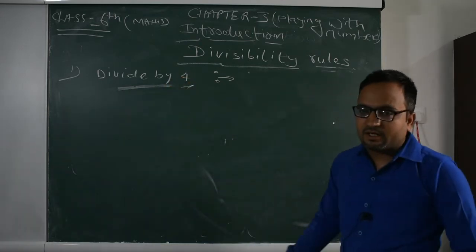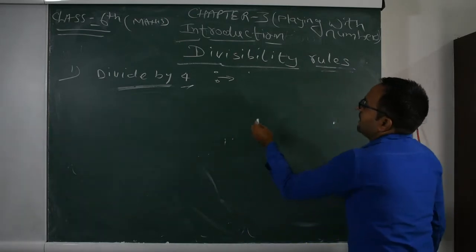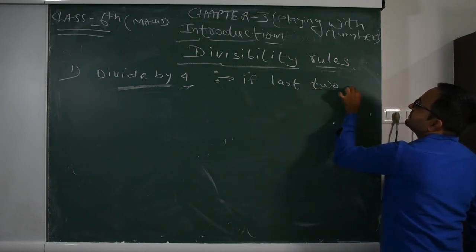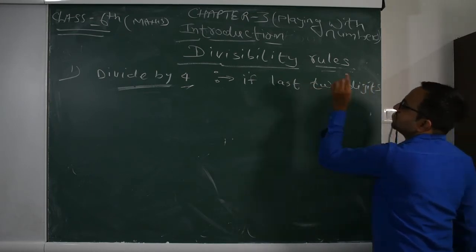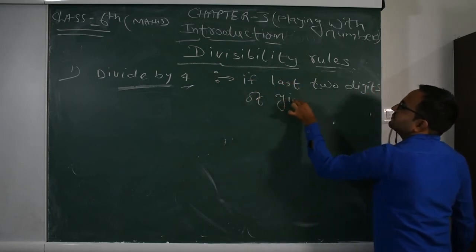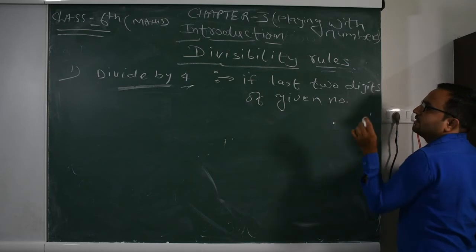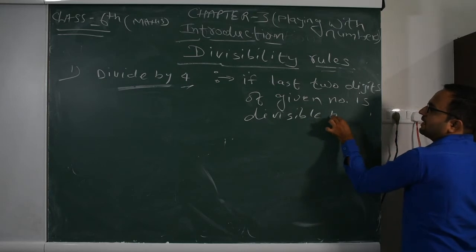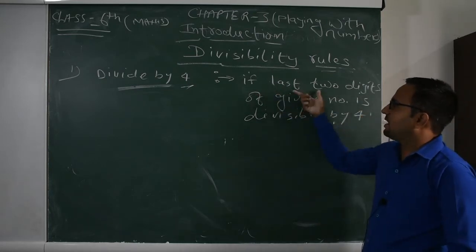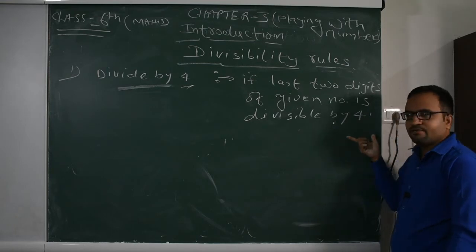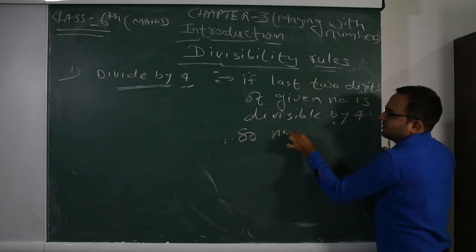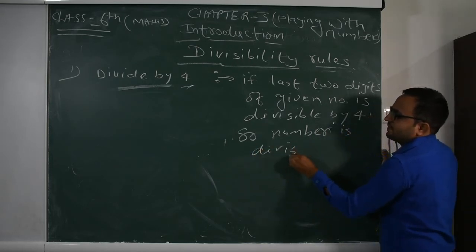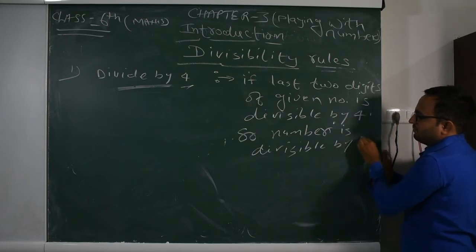What is the concept behind this? If the last 2 digits of the given number are divisible by 4, then the number is divisible by 4.